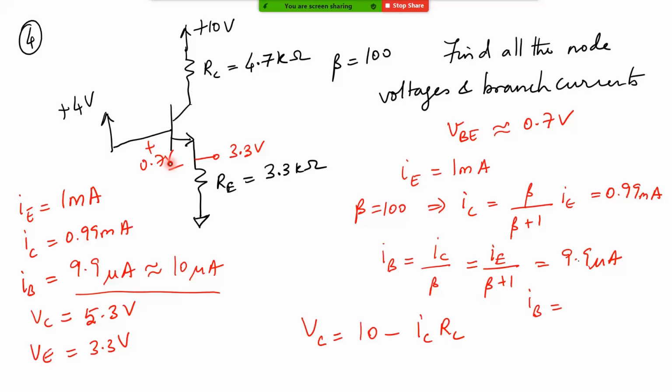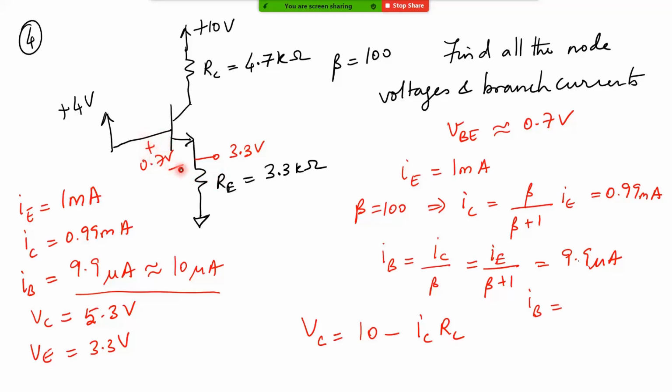You said for 1 milliamp you have a VBE of 0.7, and for 2 milliamp it becomes 0.717. But here you don't know, and this is mostly the case in a practical scenario also. You don't know exactly the value of VBE. It will be nominally around 0.7, so you solve the circuit taking a nominal value of VBE.